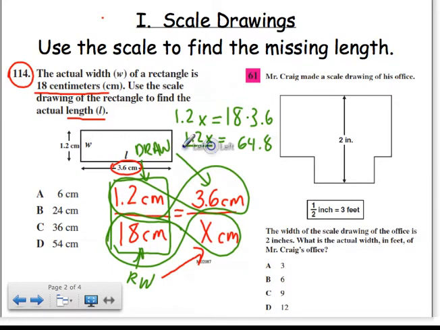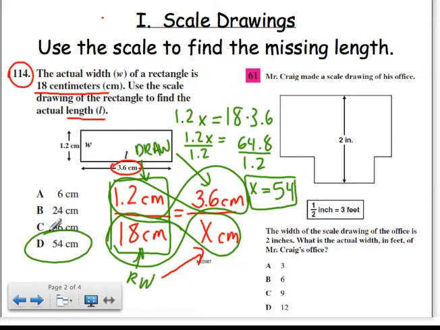And the next step is to cancel the coefficient by dividing by 1.2, dividing by 1.2. And if I do, x equals 54. And that's just a matter of division. I can see that my answer is 54 centimeters.